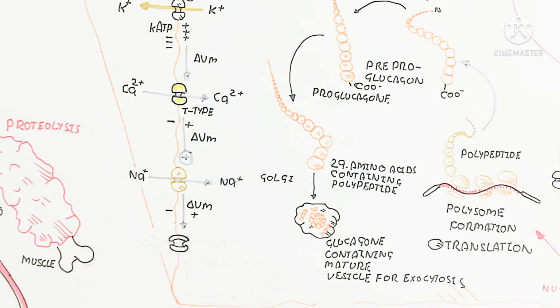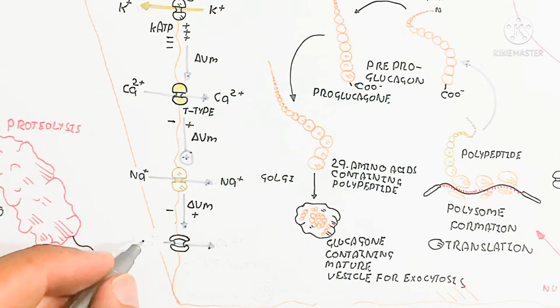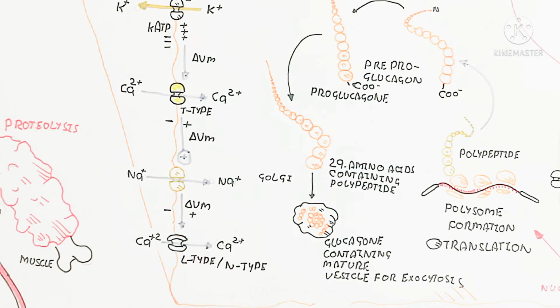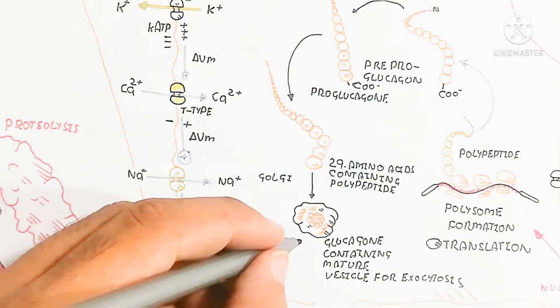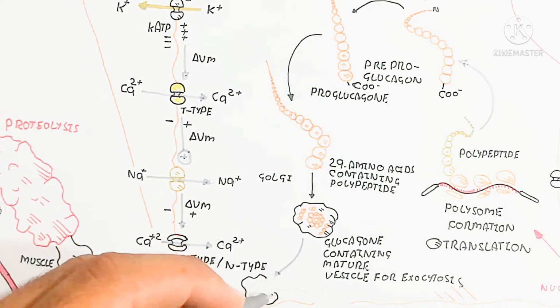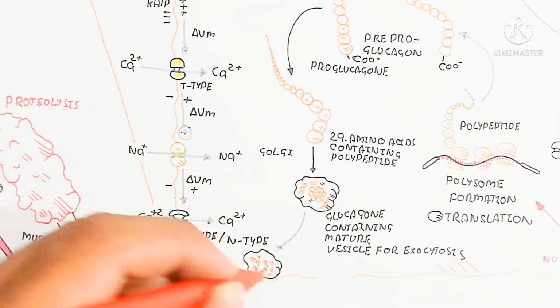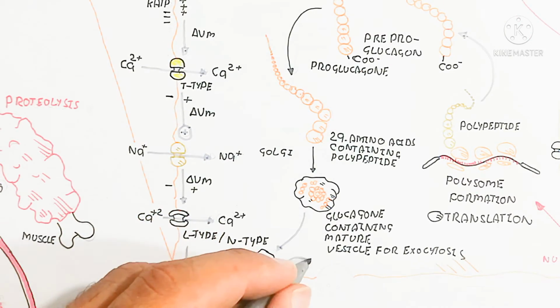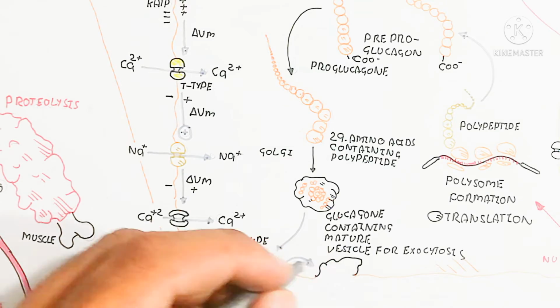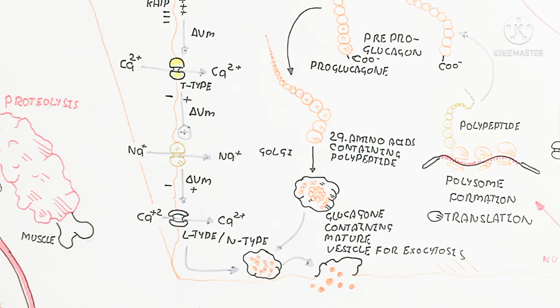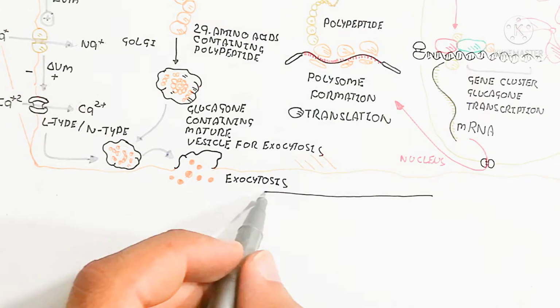The next one is the sodium, which will also move in through the sodium channel, and the calcium L-type and N-type channels are long-lasting, which create more positive charge inside. This more positive charge inside will trigger the glucagon-containing mature vesicle for exocytosis, and that exocytosis will begin.